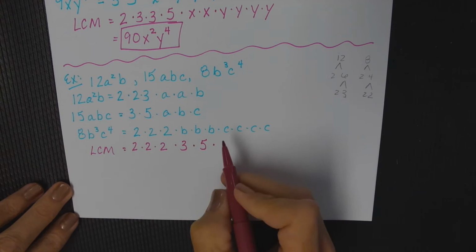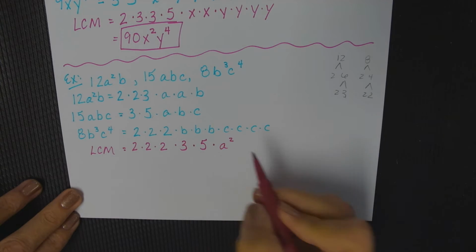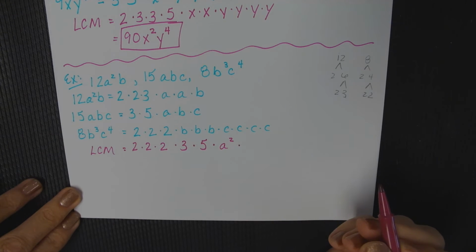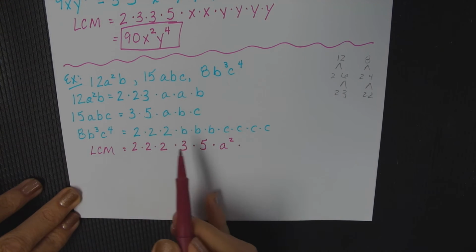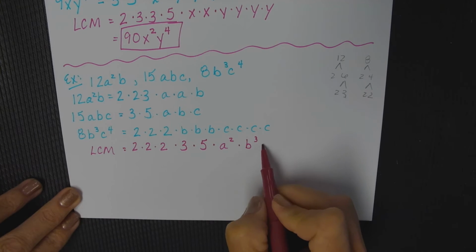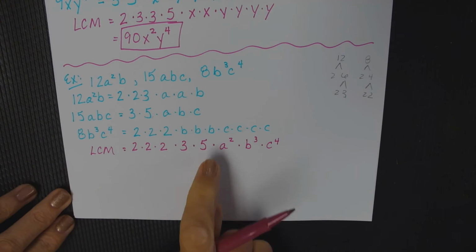Now let's do the variables. A squared, right? I'm going to go ahead and write a squared if you're okay with that. Okay, a twice is a squared. And the most b's you have out of any term is 3. C to the 4th.